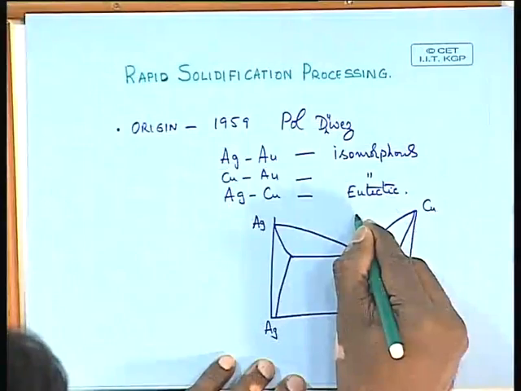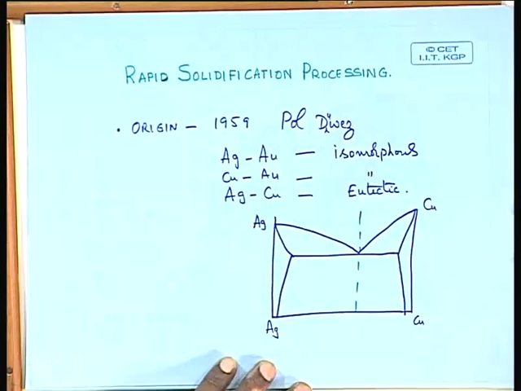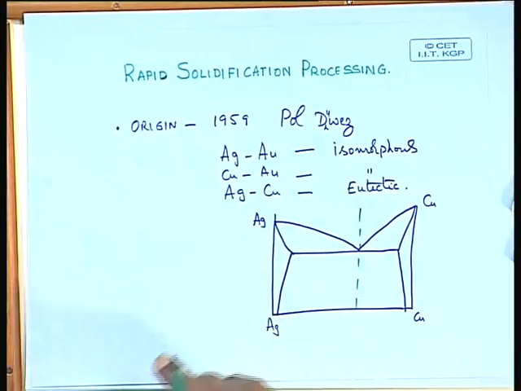So this is definitely not isomorphous, it is a eutectic. So what he thought is, if I take this eutectic alloy and solidify it under equilibrium conditions, what should be the microstructure of this alloy at room temperature?